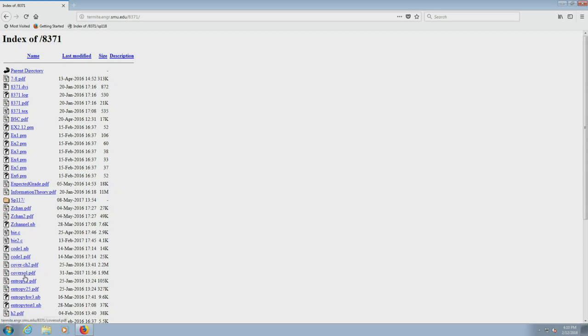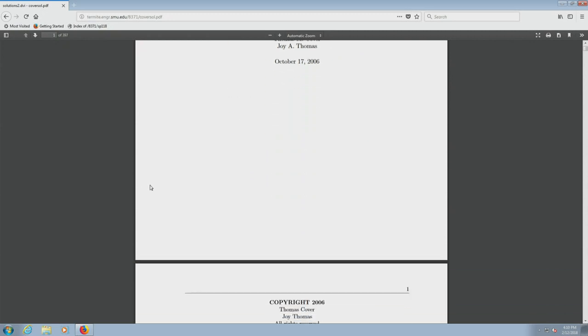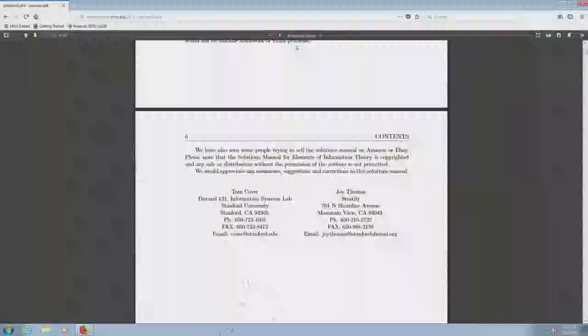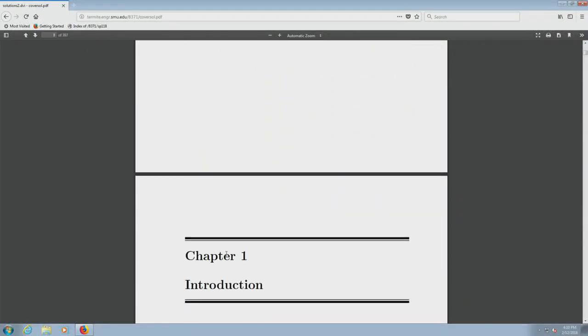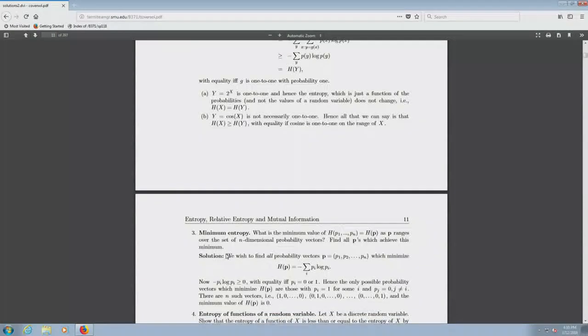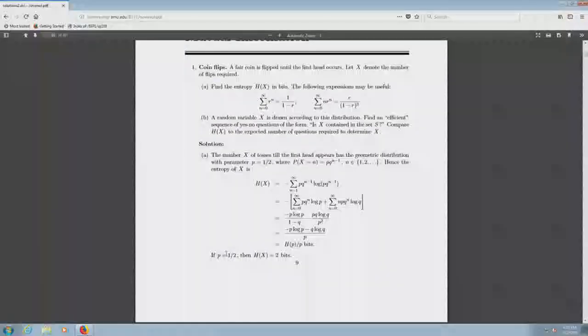See that? Cover solve. Solutions. So there's your homework problem. Is that what you got?